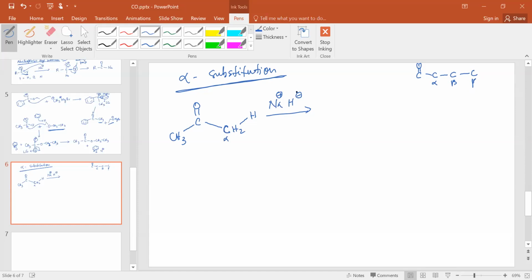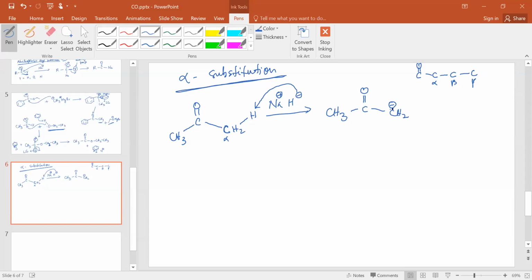So this strong base can take this hydrogen. Okay, so what will happen? Here we will have CH2 minus, this negative charge. Formation of this negative charge is very easy.